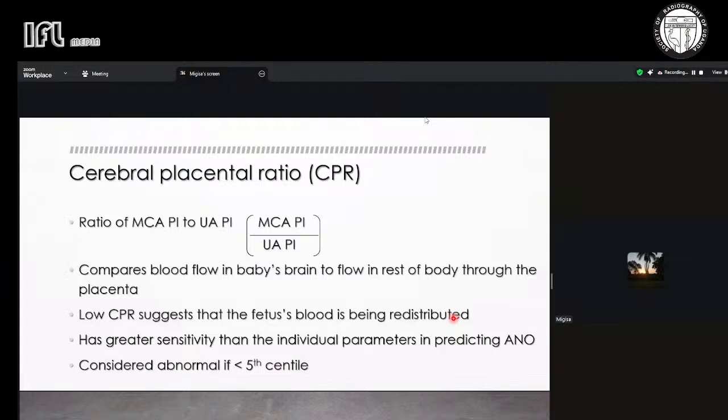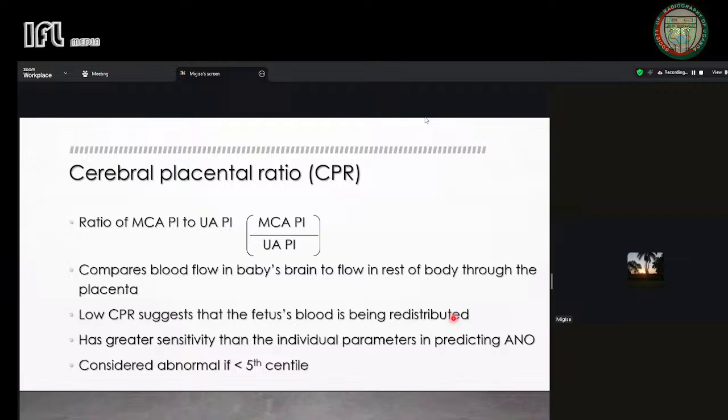When you have a low CPR, it indicates that there is a potential problem, because when this fetus is not getting enough oxygen, it's going to redistribute blood to the vital organs, such as the brain. And when these vessels dilate, the PI decreases. So meaning your ratio is also going to reduce.